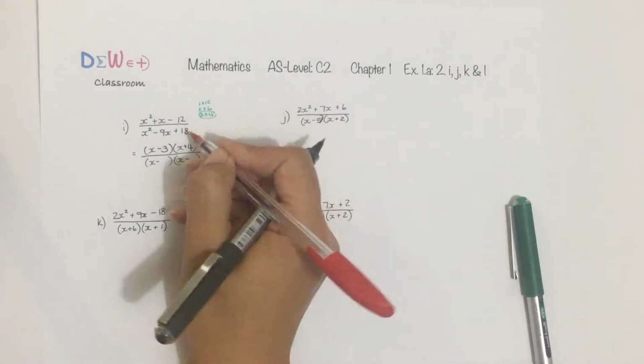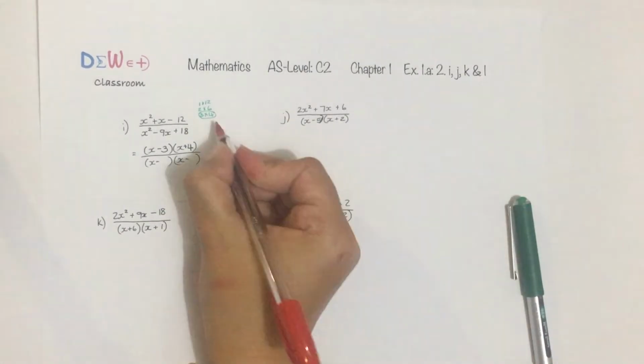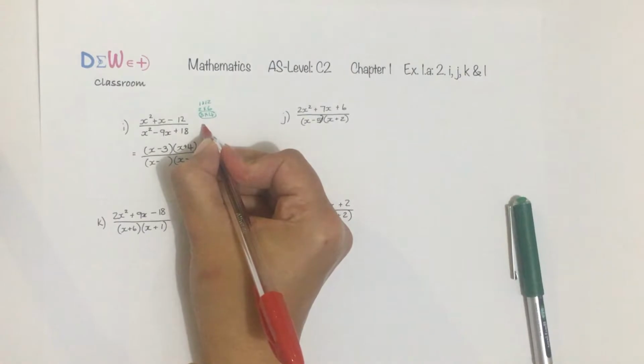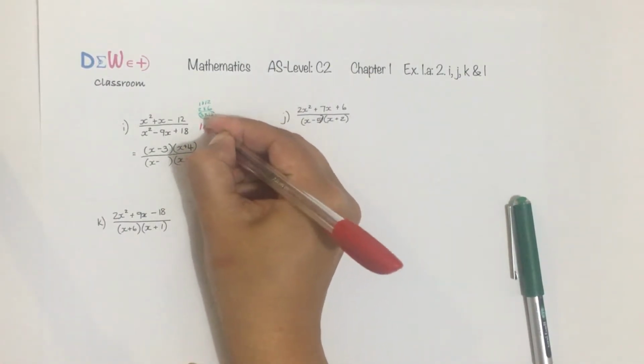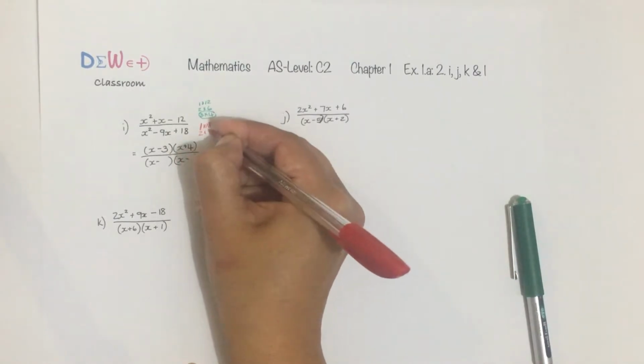Right, at the bottom we've got 18, and we're going to start by writing down the factors of 18, which is 1 times 18, 2 times 9, and 3 times 6.